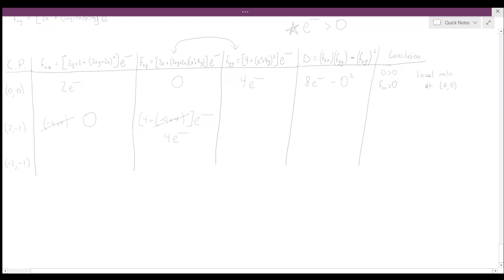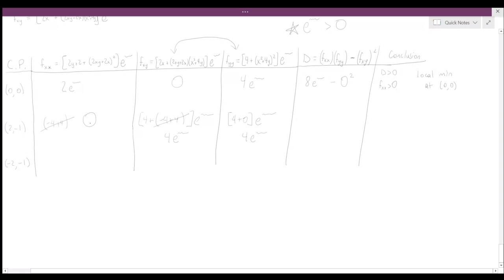Okay, next, also plugging it into fyy. So we've got 4 plus. Okay, so here, if I plug in 2 for x, it's going to be 4. But negative 1 for y, so 4 minus 4 is 0. And then we have e to some power. So let's look at what we get for d.